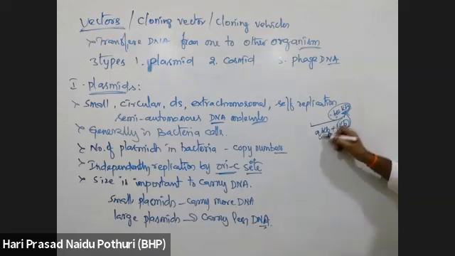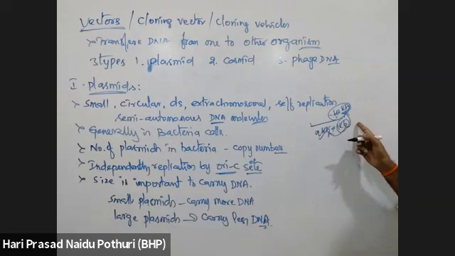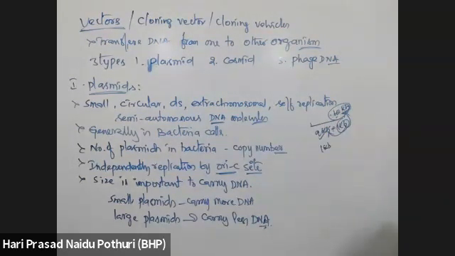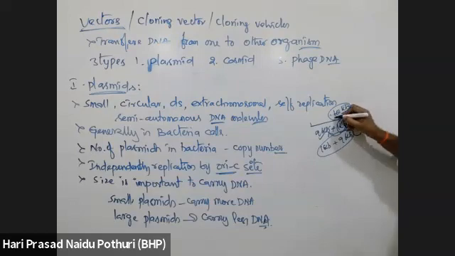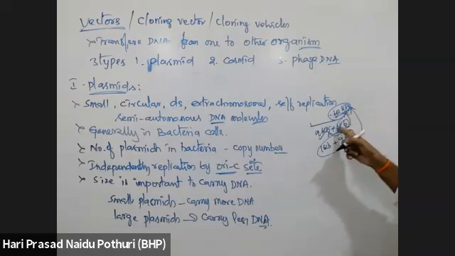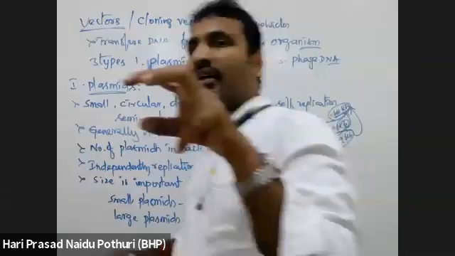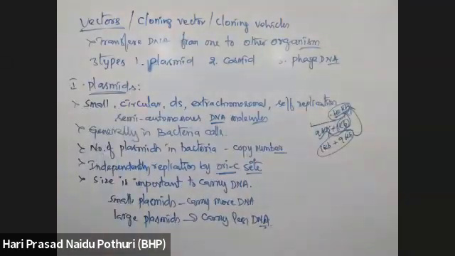So if the plasmid is of maximum size, then it can carry a very small amount of DNA. Suppose this vector is just 1 kb, then we can add 9 kb of DNA into the vector, and we still get 10 kb of rDNA that can be carried. So the overall size of rDNA is important for transfer into the host.